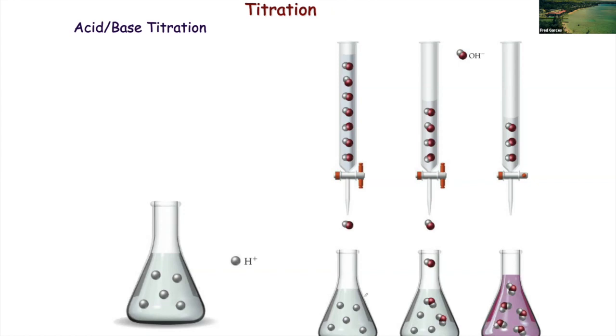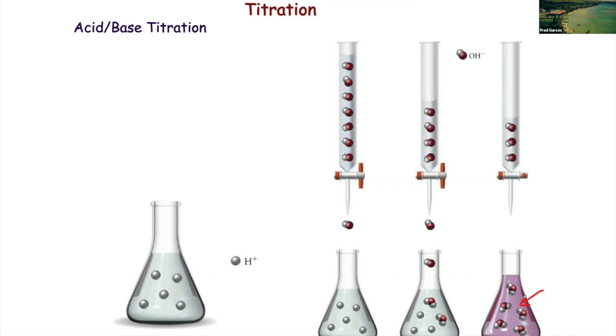Now, when we reach the equivalence point for a strong base and a strong acid, there is neither excess acid nor base in the solution anymore. And when that happens, we have a pH of 7. At that point, the indicator changes color. And that's what you see right here.